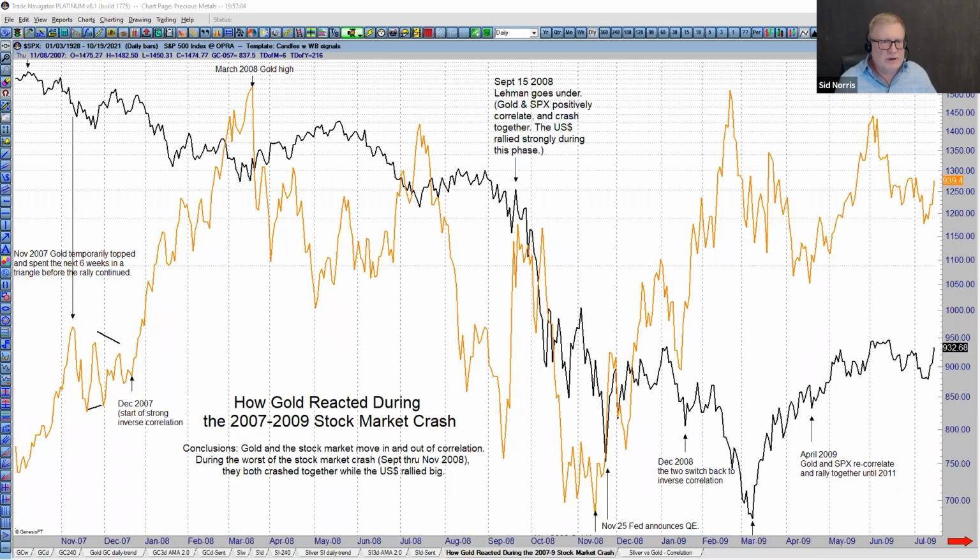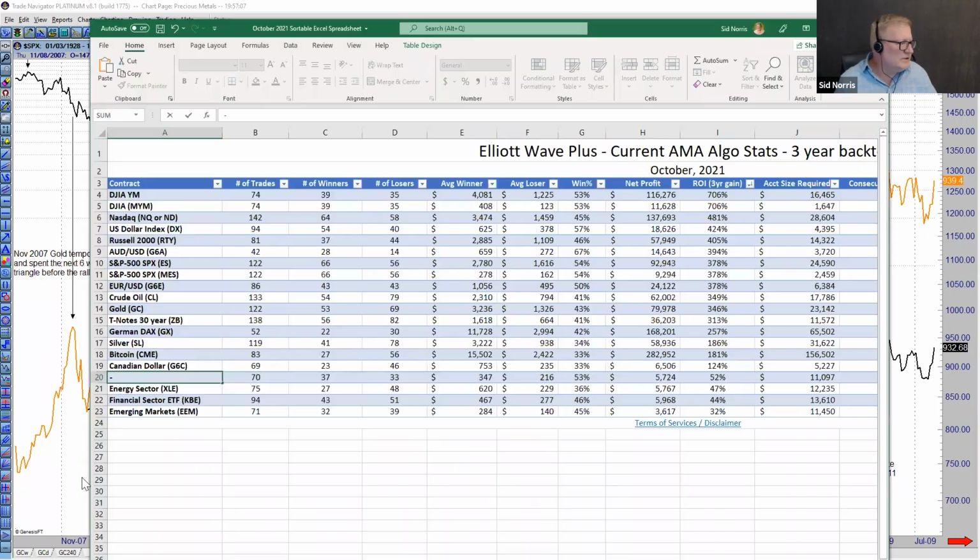Now, something I need to remind you of is that the algo signals on silver and gold are not quite as successful as they have been on several of the stock market and currency items. Still, gold was able to take a $23,000 account and add about $80,000 to it over 3 years.